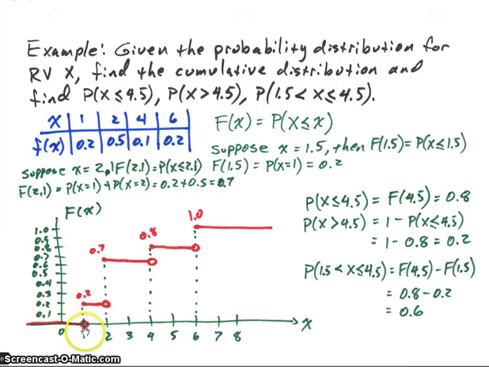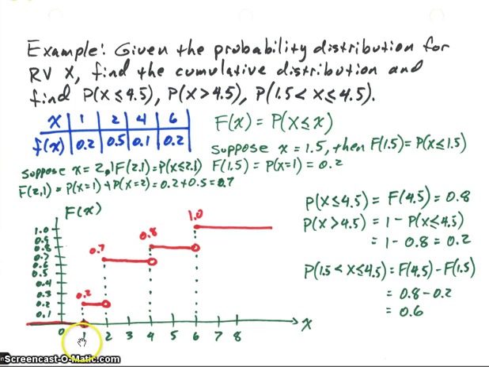Now notice that I've drawn an open circle here at 1, and it's kind of hard to see, but a closed circle here at 1 at the upper level, 0.2. Why did I do that? Well, it's because the definition is capital X less than or equal to little x. So let's suppose we were right at 1.